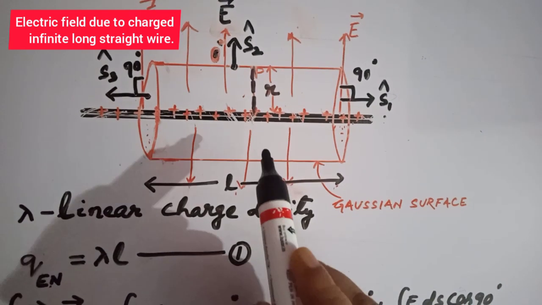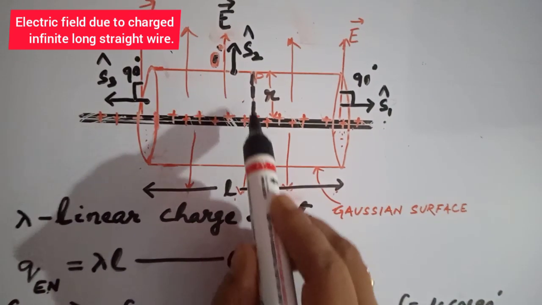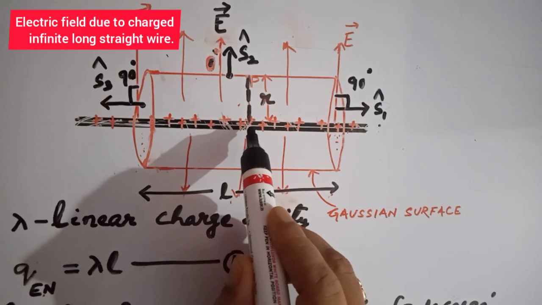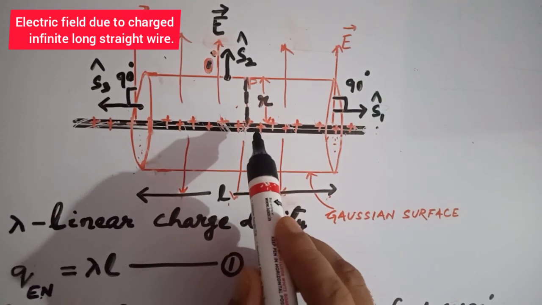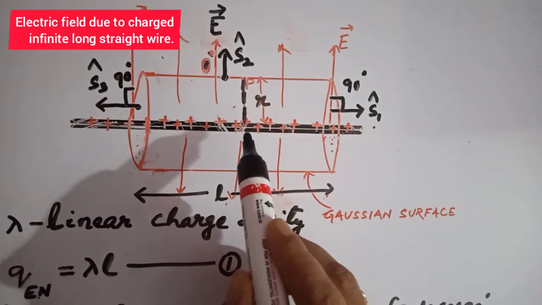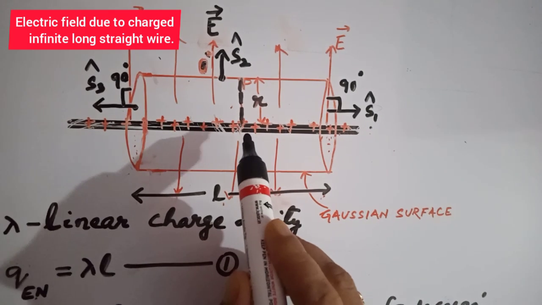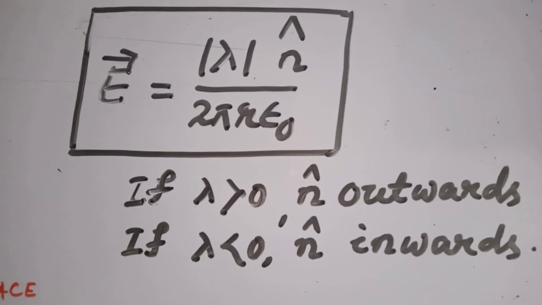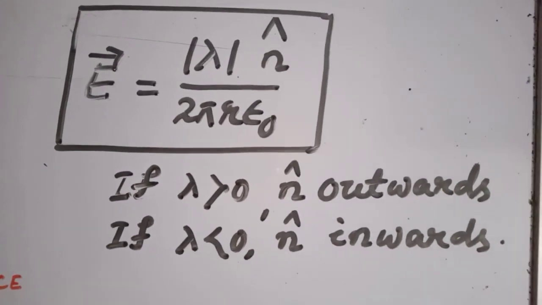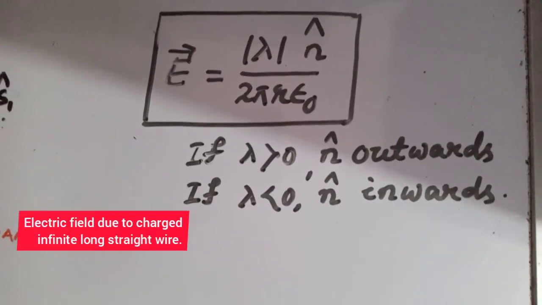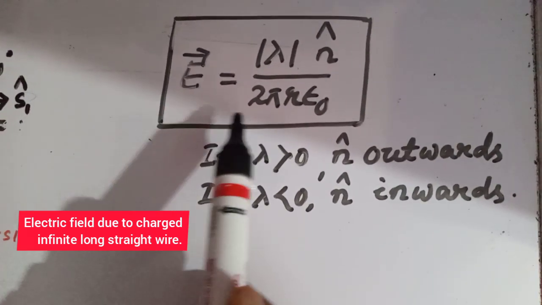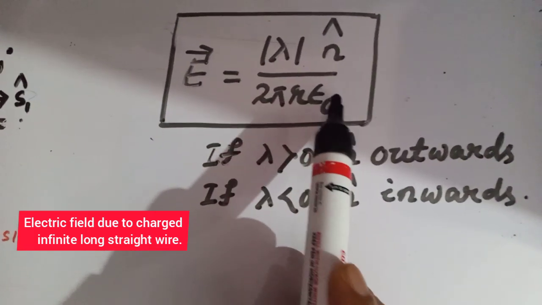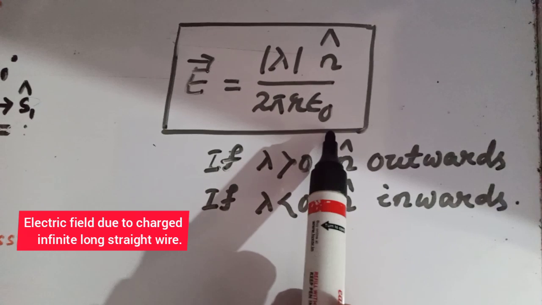Thus, the electric field at a distance r from the line charge distribution can be written in vector form so that the direction of the electric field can also be obtained from that form. Thus, E vector is equal to mod lambda into n cap divided by 2 pi r epsilon naught.